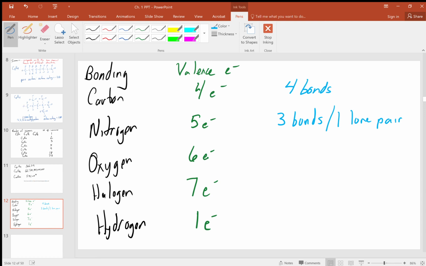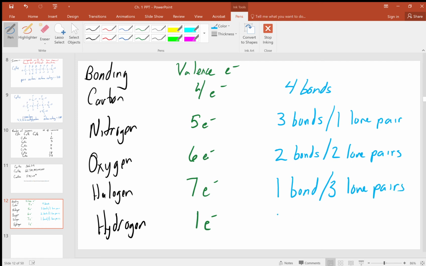Oxygen has 6 valence electrons, which means it needs to form 2 bonds, and then has 2 lone pairs. Each of the halogens have 7 valence electrons, and so they form 1 bond and have 3 lone pairs.